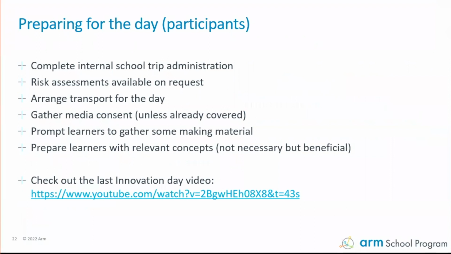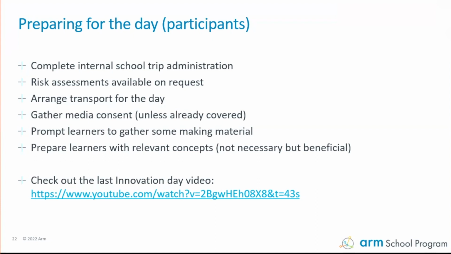Now, preparing for the day for the participants, it's a good idea to get them to at least be aware of what their internal administration process is. So get them to look into what their process for organising travel is. I know in the UK, lots of schools struggle with setting up school trips, and booking transport can be expensive for schools.